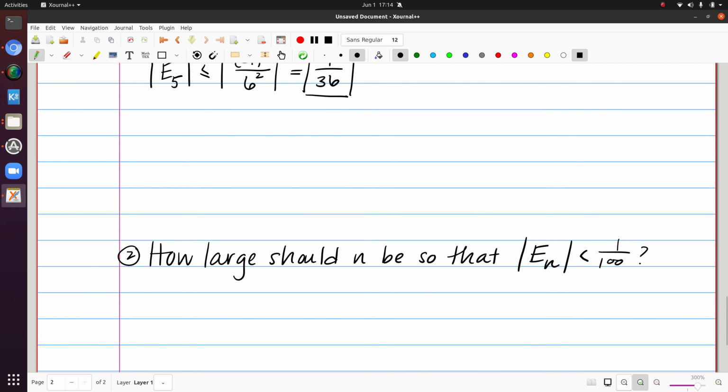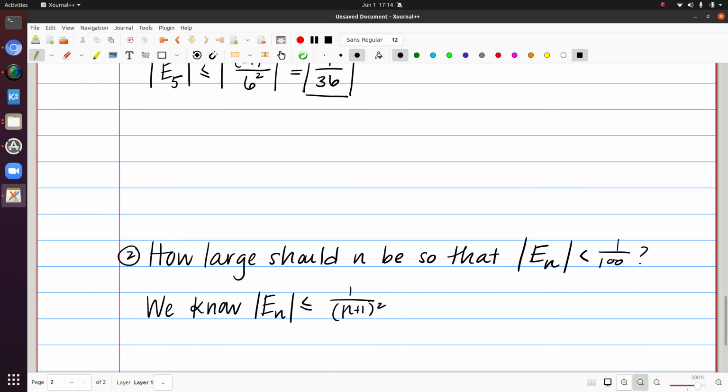So just like we've done when we talked about the integral test error bounds, what we want to think about is we know that the error in absolute value is bounded above by, in this case, 1 over n plus 1 squared.